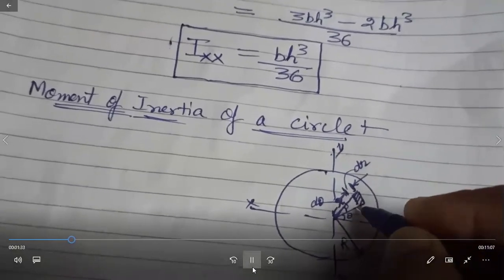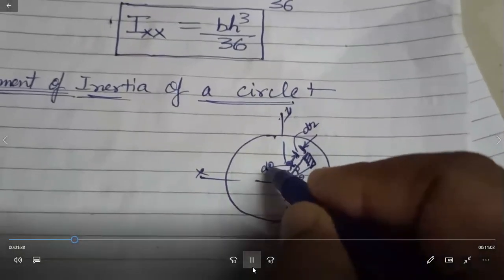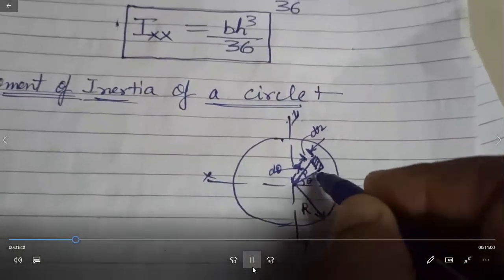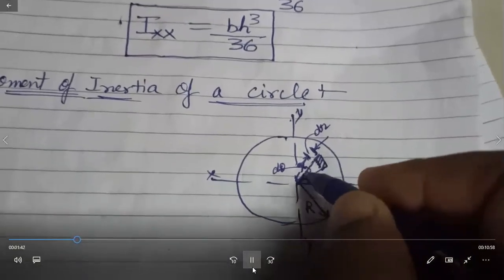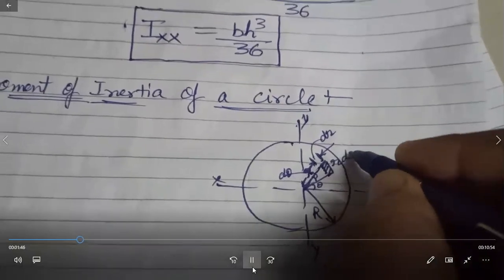So now this angle is d theta, and the radius is small r. So this arc will be equal to r d theta.